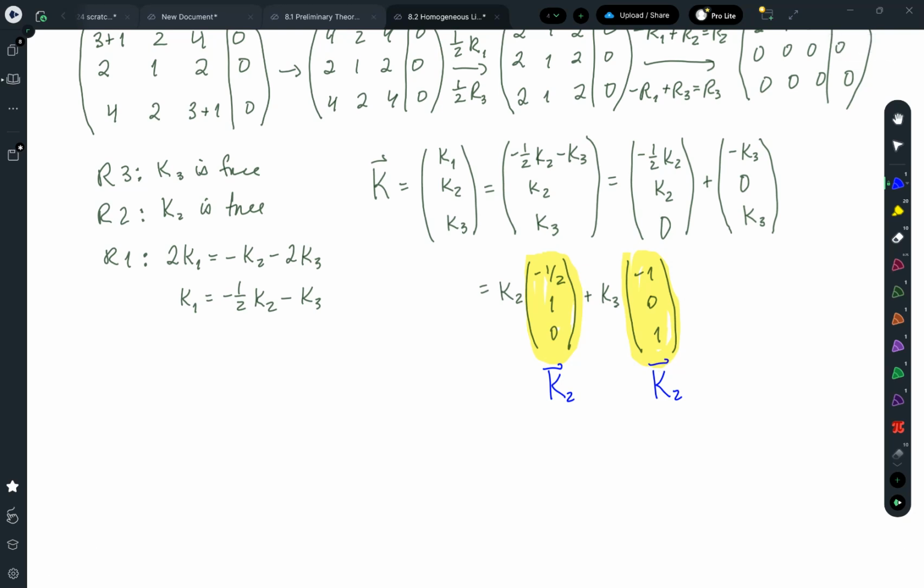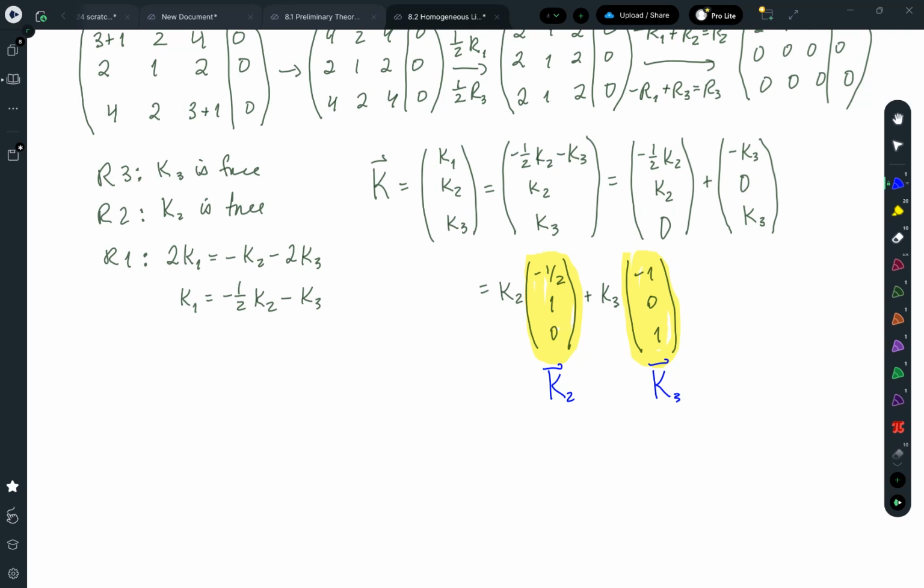So I wrote it as just a K in the beginning because I was like, well, let's see what happens. Let's see if I hopefully get two eigenvectors, K2 and K3. And I did. I got two linearly independent eigenvectors. How do I know they're linearly independent? Well, one of them has a 0 component in the z direction. The other one has a 0 component in the y direction.